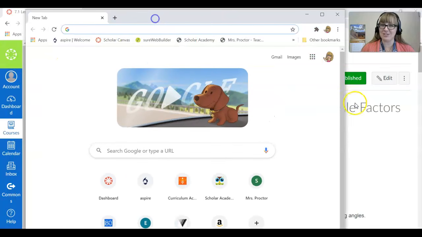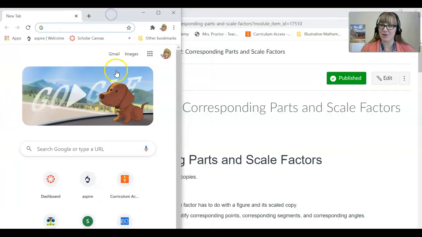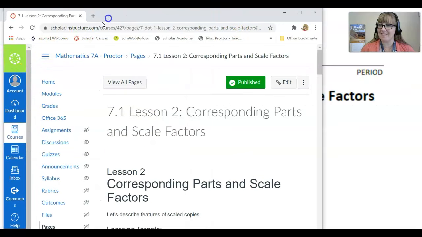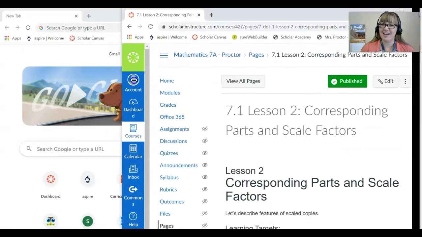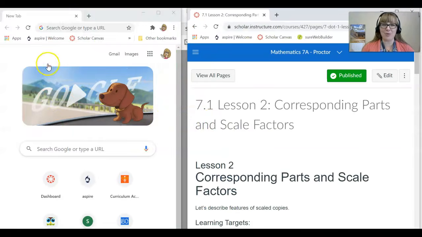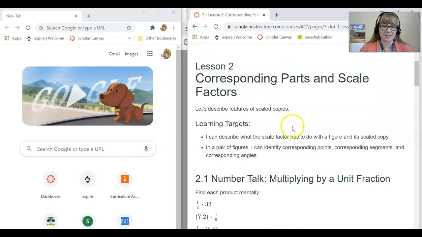I am going to slide it over so that one side would show the video and the other side has all of the stuff in Canvas. So here would be the video playing, and this is going to be where you're scrolling through in Canvas. So pop that out, okay? That option is going to be something like view on YouTube or something like that, but that way you can watch the video and still see all of the notes here in Canvas.